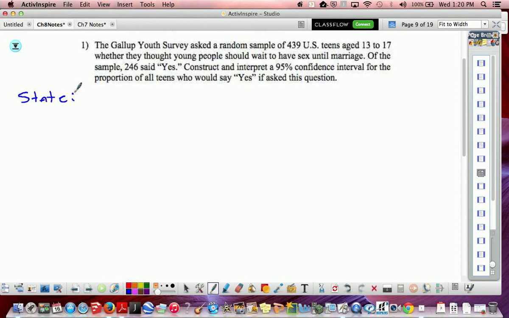So I'm basically going to fill in the blank statement under State in the four-step process, which goes like this.